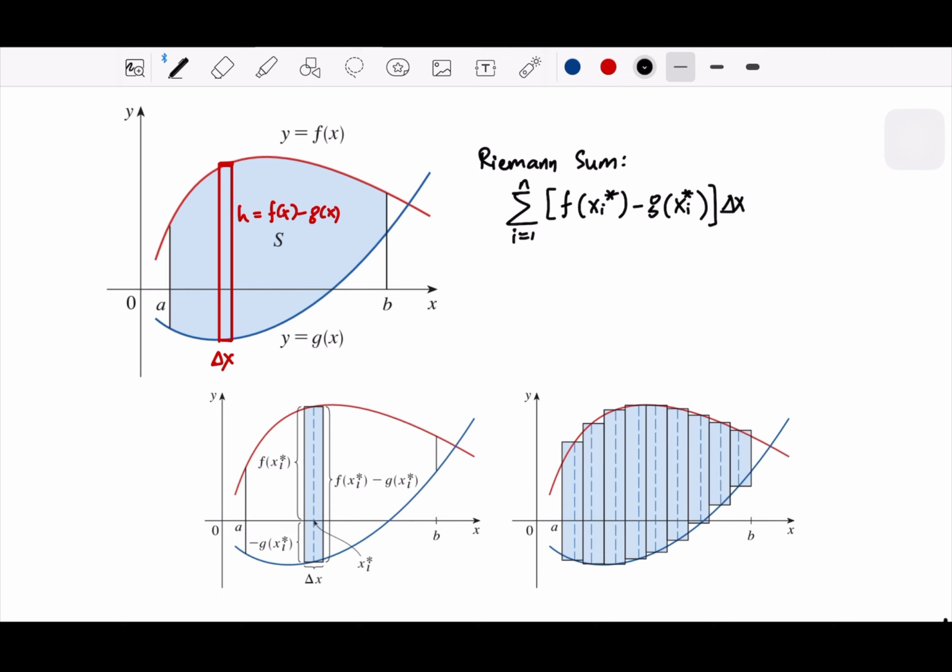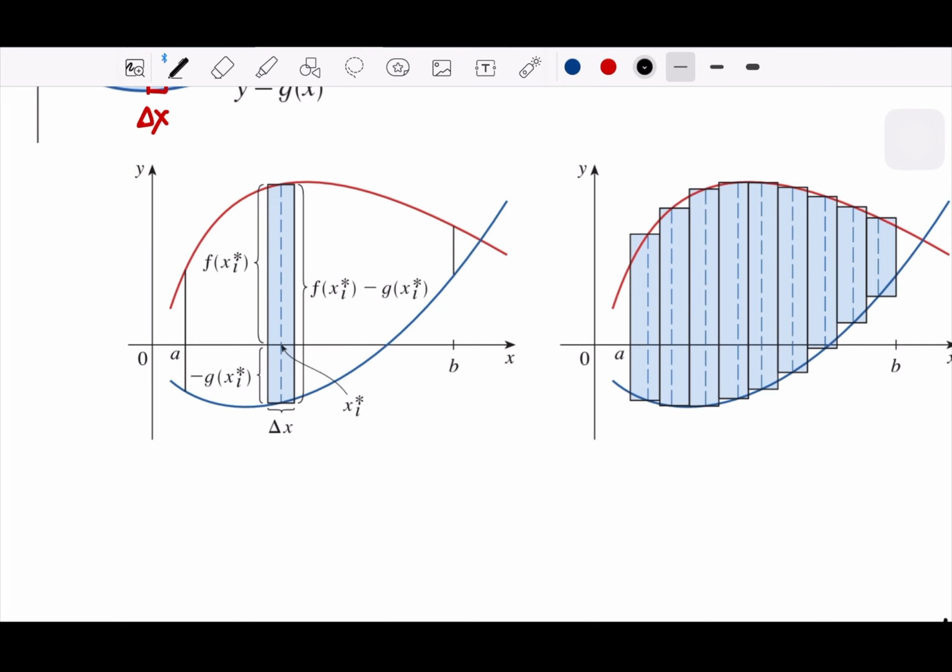And there's another case when we need to describe the curve in terms of y. Then it's going to be the right minus the left. But later I will show you. So for now, we know that the area will be a limit of the Riemann sum. Let me just write this for you.